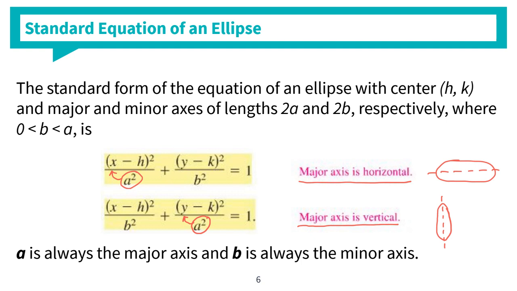So your bigger value is going to be your a value, and if a is under your parentheses with x, then you have a horizontal ellipse. If your a value is underneath the y parentheses, then your ellipse is longer vertically.